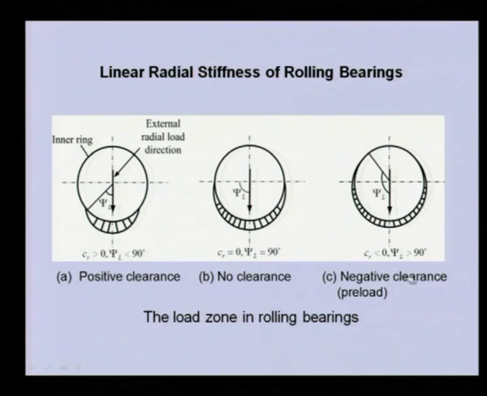But if we have negative clearance or preload, if the balls are preloaded, then we will see that the contact zone is more than 90 degrees, and most of the rolling elements take the load. So generally if we provide preload, we find that more rolling elements take part in the load sharing.